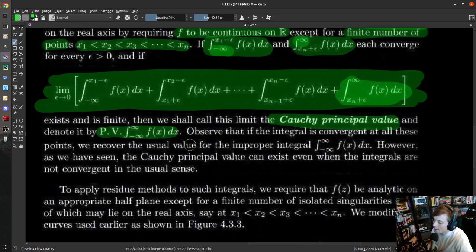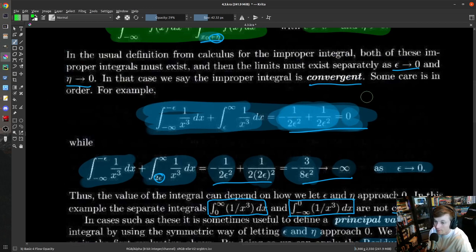The nice thing about the Cauchy principal value, among other things, is that if the improper integral exists in the usual sense, then the Cauchy principal value is equal to it. However, it is possible to have the Cauchy principal value of an improper integral when the improper integral does not exist in the usual sense. And that is exactly what we were trying to show with this example up here.